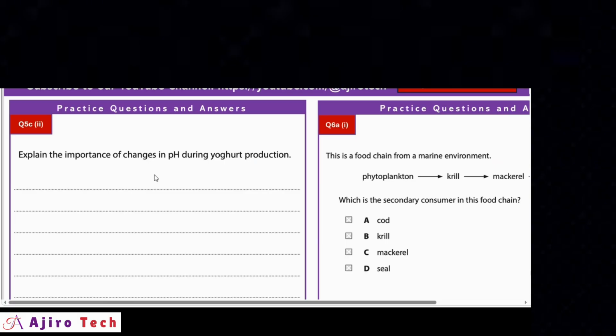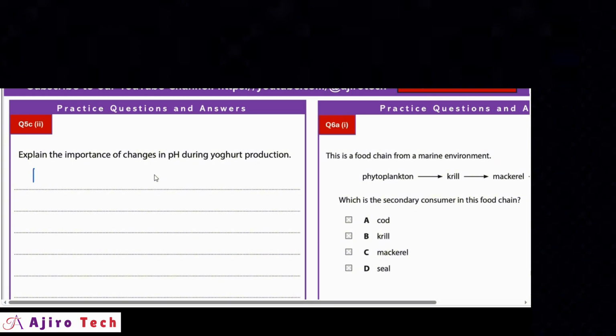Immediately lactic acid bacteria or lactobacillus is added, the pH will drop from 6.7 to like 6.0 or 5.8 as a result of the presence of lactic acid, because yogurt is very rich in lactic acid. That's the reason why we call them lactic acid bacteria, because they produce lactic acid.